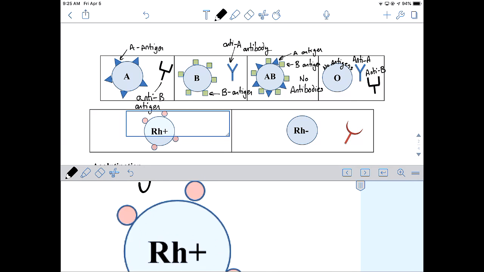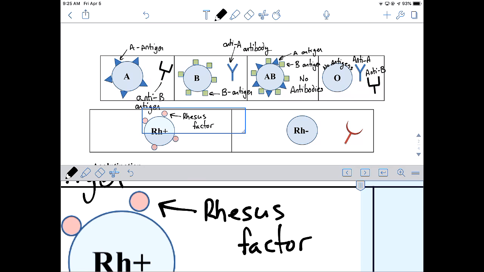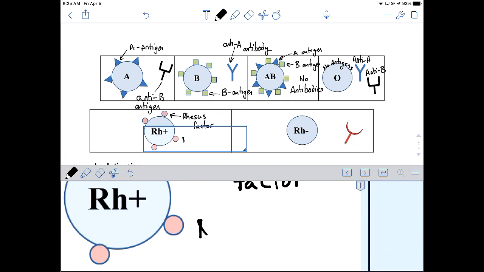If the cell was rhesus positive, we would be able to find the rhesus factor on the cell wall, and no antibodies for rhesus, no anti-RH.